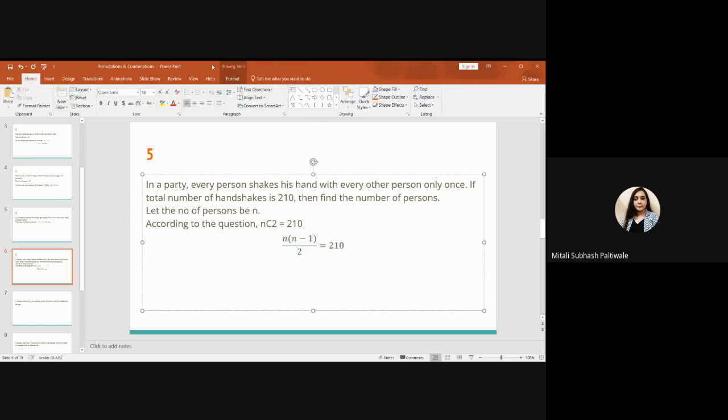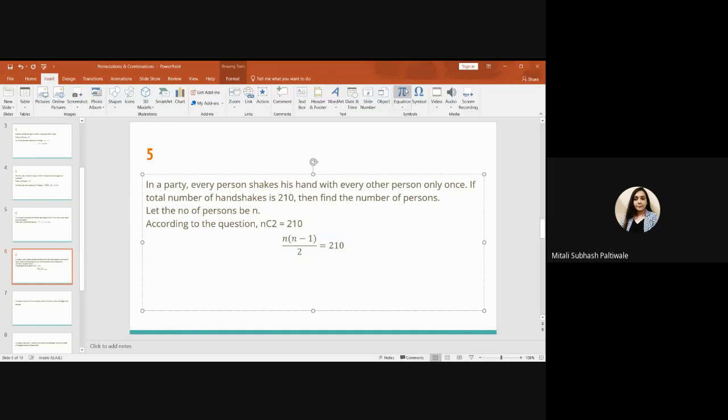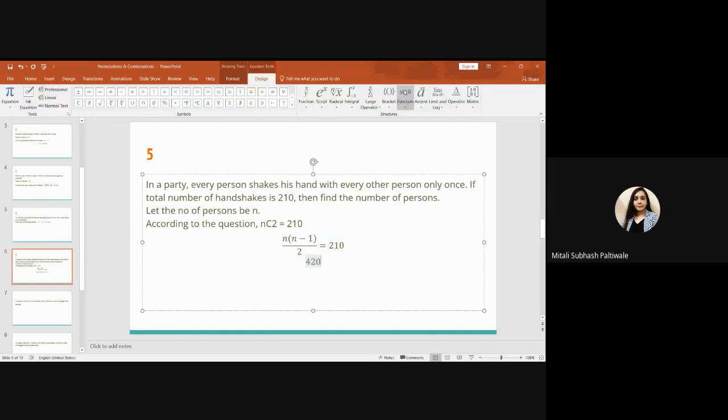So here this would become 420. 210 into 2 is 420, is equal to n into n minus 1.